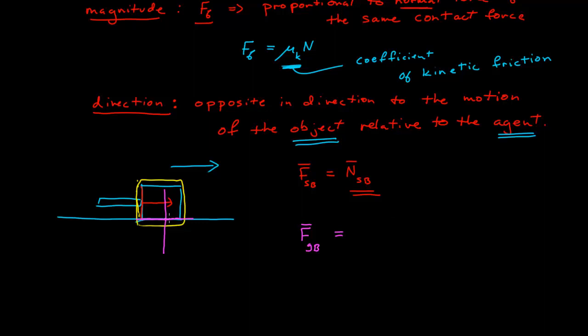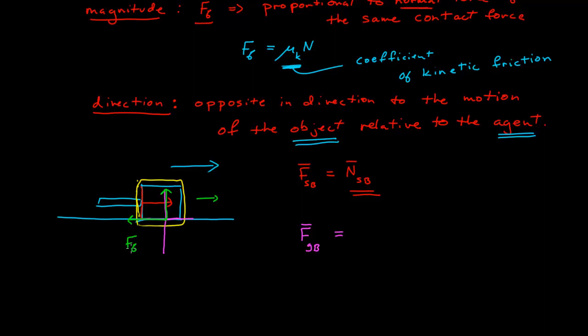Okay, so the normal force is going to be perpendicular to the surface, and it's going to point up because it points from the direction of the agent, which is the ground, to the object, which is above it. Now, since the object is moving this way relative to the agent, which is the ground, the frictional force is in the opposite direction of that motion, and so it points to the left.